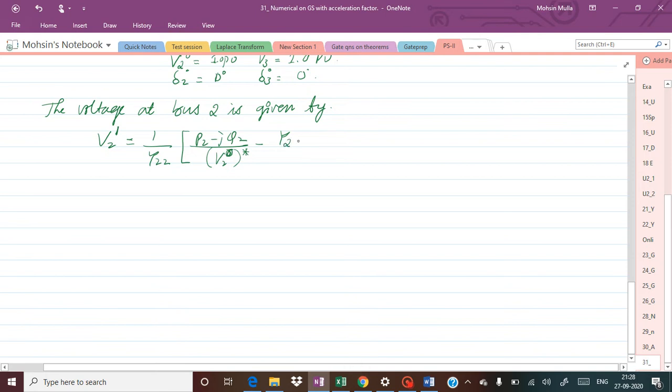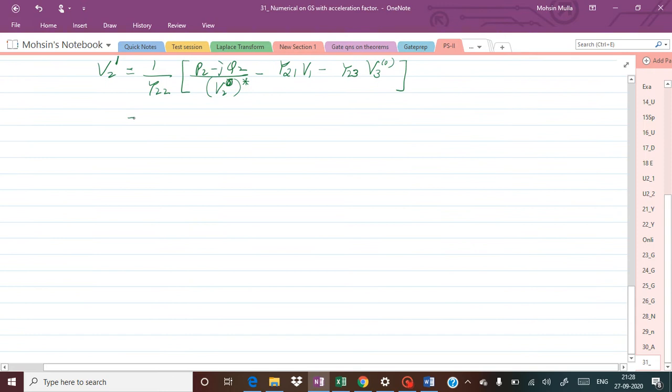So it is Y21 times v1 minus Y23 times v3 of 0, because the k equal to 2 term is already taken outside. v1 is already specified, so there is no need to mention the iteration, because it remains the same all the time. It is a specified quantity.